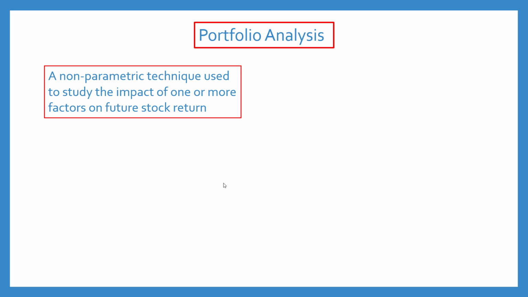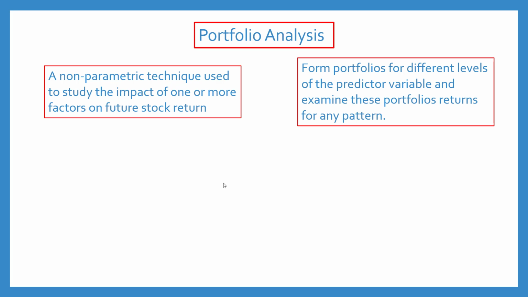So let's discuss portfolio analysis. Portfolio analysis is a non-parametric technique that is used to study the impact of certain independent variables, certain factors, on future stock returns. In portfolio analysis, we take a variable of interest, an independent variable that we want to study, and we make portfolios on the basis of that variable.